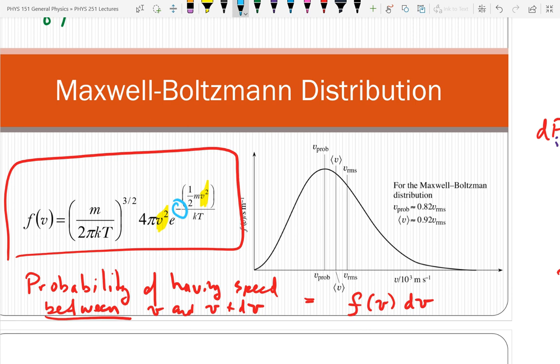That's a problem. So this is the non-relativistic version of the equation. If you're at a super high temperature, you might have to shift over to the relativistic equation, because this says particles could be going faster than the speed of light, and that's not possible.